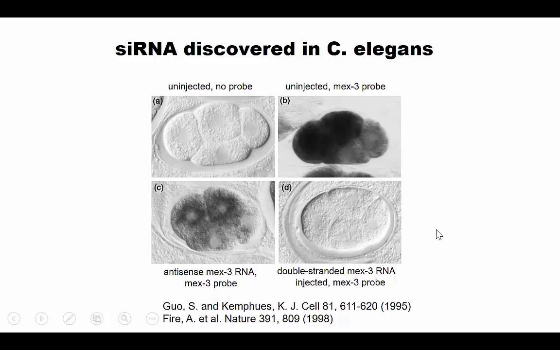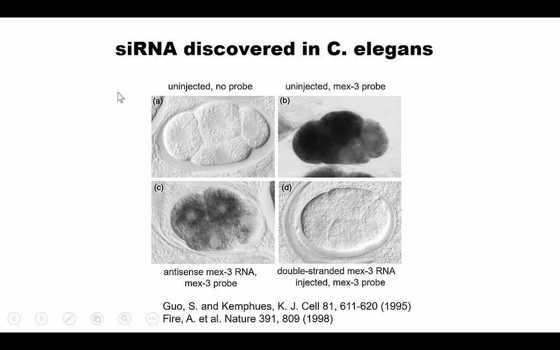And they tried to figure out this strange observation, and later they found that actually they made a mistake. They thought they put only the sense sequence here. Actually, they pipetted antisense and sense together, and then they made a double-strand oligonucleotide, and those double-strand oligonucleotides had much stronger activity than antisense itself.